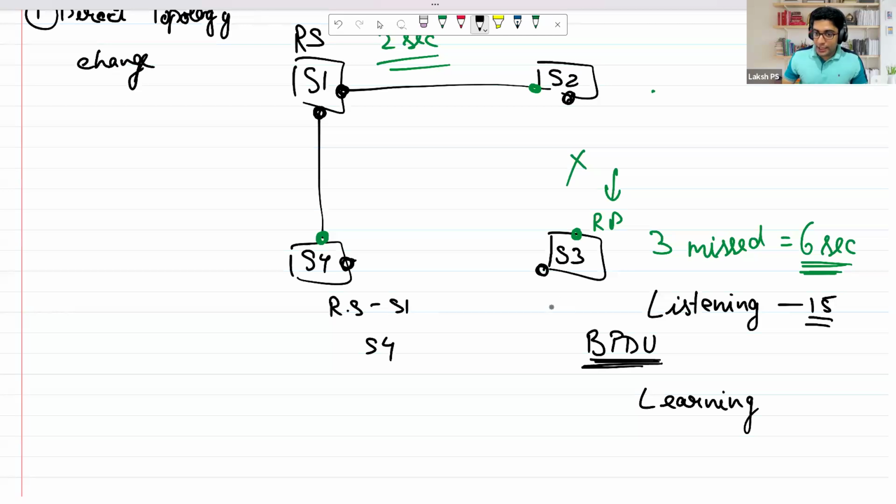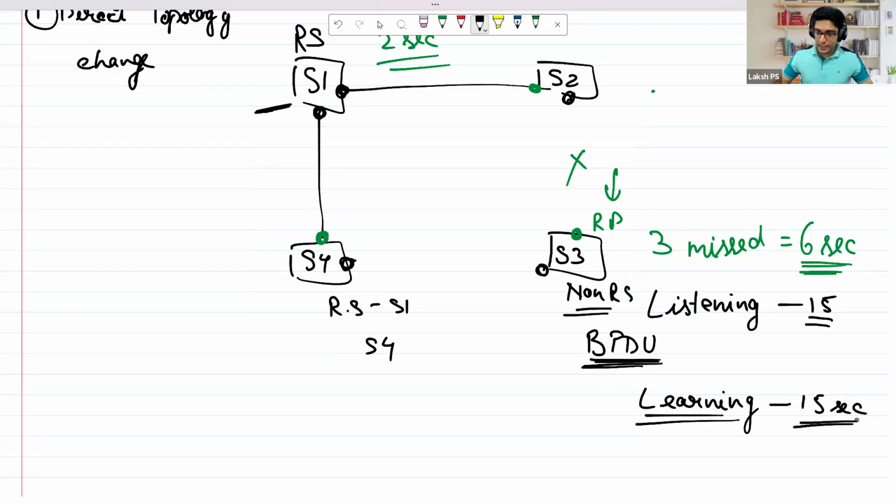It knows its priority and its MAC address are not equal to switch number 1's. Since switch number 1 is the root switch, it will become a non-root switch. If it is a non-root switch, it needs to elect a root port, a designated port, and a blocked port. All that calculation is done in the learning state for the next 15 seconds.